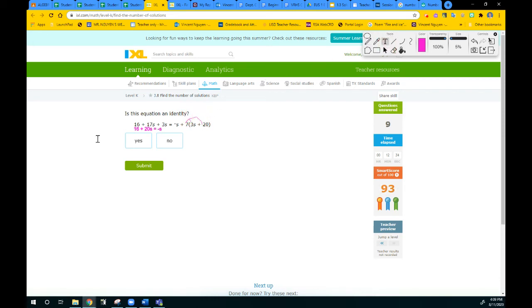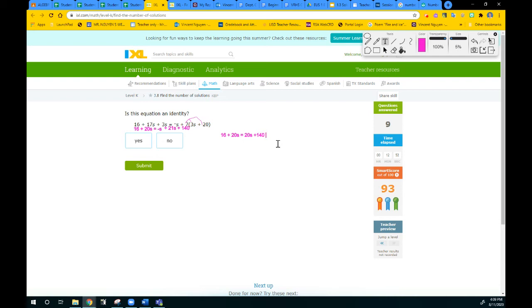So I'm going to end up with positive 21s plus 140. Now I can combine these right here. That will give me 20. So my new equation is 16 plus 20s equal 20s plus 140.